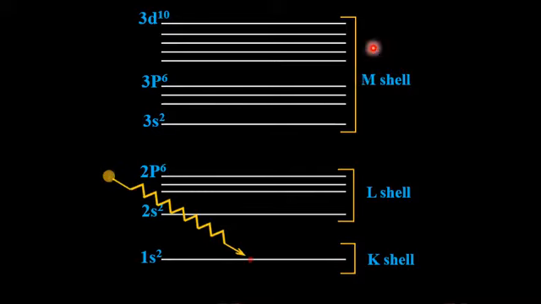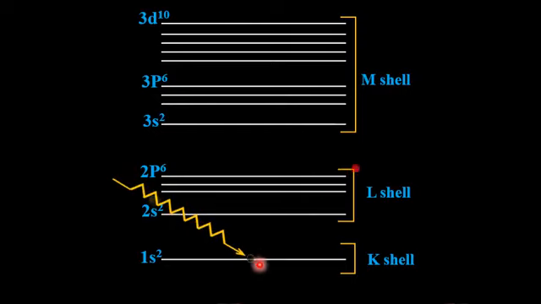In Auger electron spectroscopy, the beam of electrons has an energy of 3 to 30 kilo electron volts, which is quite high. So it will easily eject the core electron from the core K shell like this.